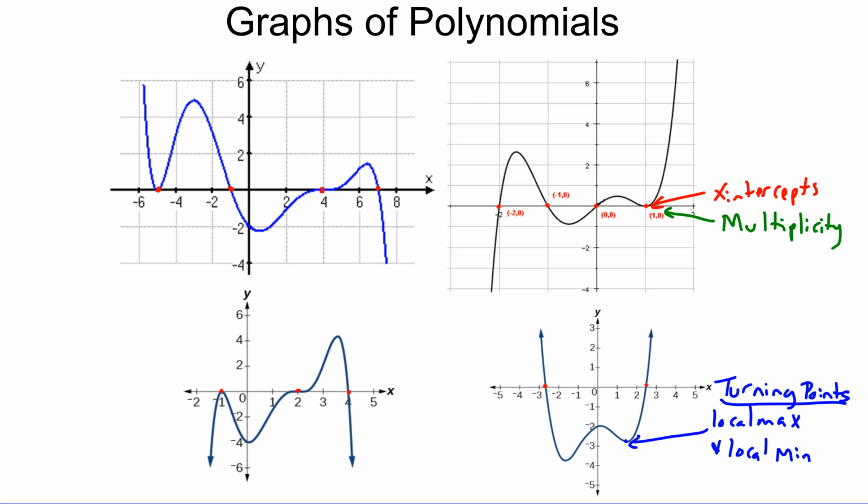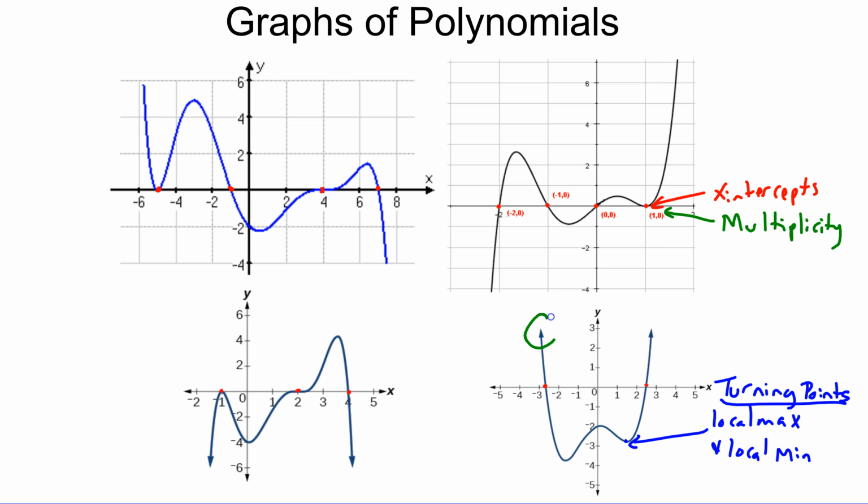And the last key aspect of behavior that's really, really important on these graphs is what happens to the ends. We don't want to have to draw this massive graph, and luckily we don't have to. As our x values get large, either negatively or positively, our graph becomes a lot less unpredictable and actually very predictable.